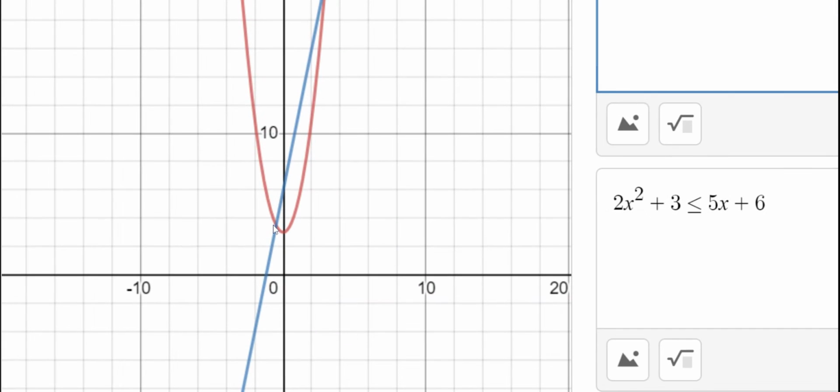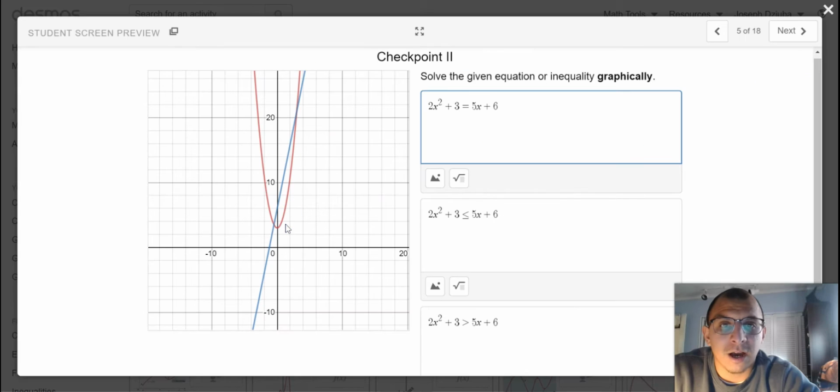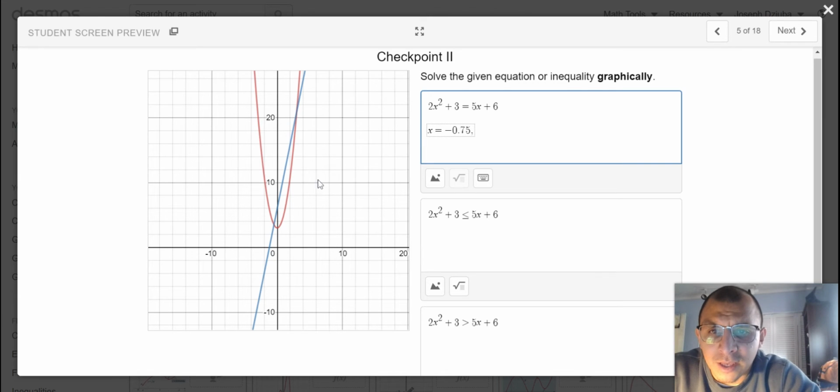If I were able to zoom in and click here, I would have to make an assumption. If this is negative 10, 2, 4, 6, 8, this would be roughly x equals negative 0.75. And the other value I would have to say is roughly 3-ish.